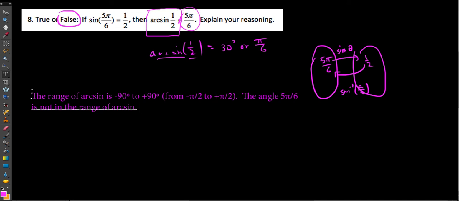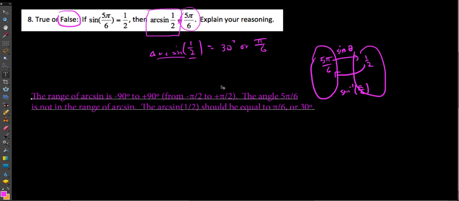We probably ought to state also what the arcsine of a half should be equal to. The arcsine of a half should be equal to pi over 6, or 30 degrees.